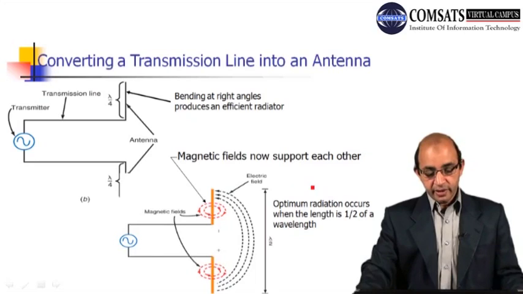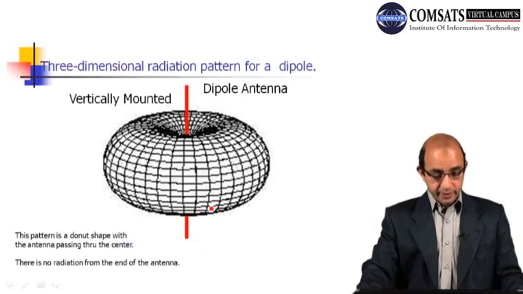You can see that the length of each end is lambda by 4, so in total we have lambda by 2, right? You can see the coupling of electric and magnetic field over here, and here we have the radiation pattern. It's not a two-dimensional radiation pattern, it's a three-dimensional radiation pattern for a dipole antenna.